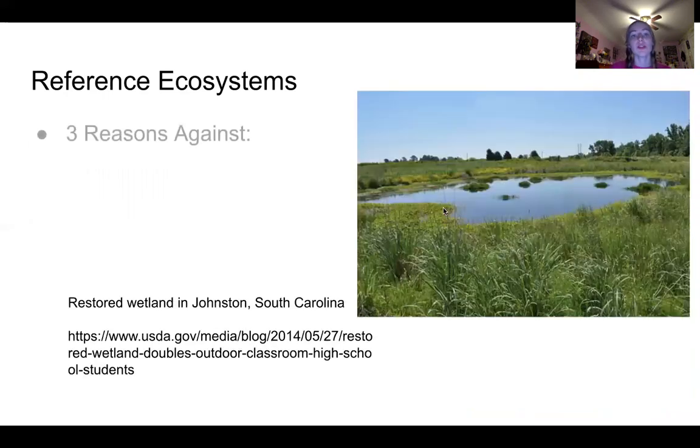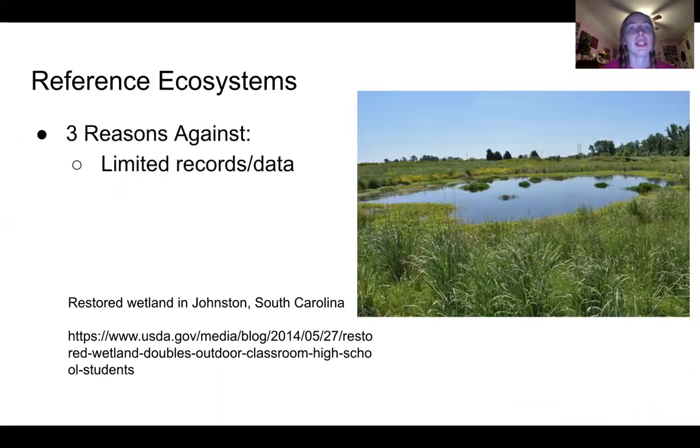Now, there are some reasons why you might not want to use a reference ecosystem. There could be limited records or data for the area, or the only similar ecosystem to what you're doing a restoration on. You have to remember that successional stages will keep an area for a very long time in one stage, so it may be hard to monitor the progress or to figure out how long you would need to have your restored area in a successional stage to be successful.